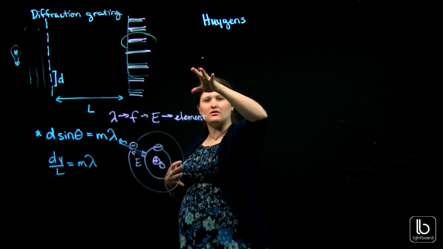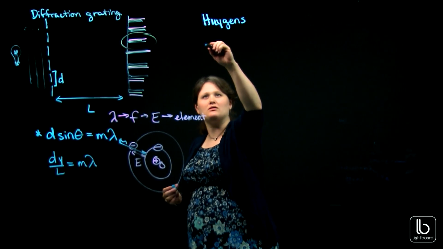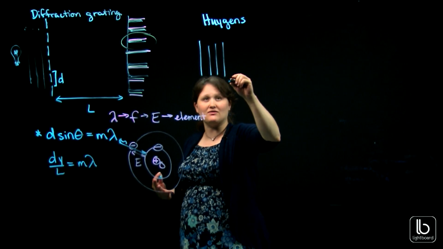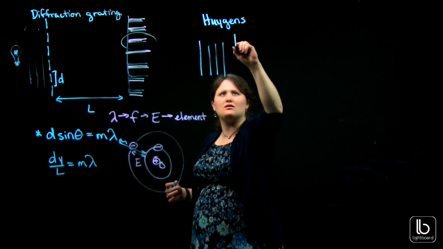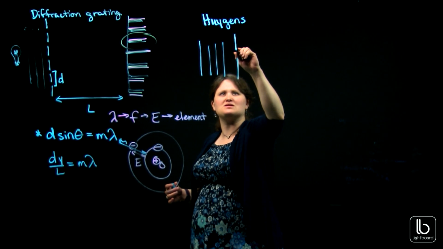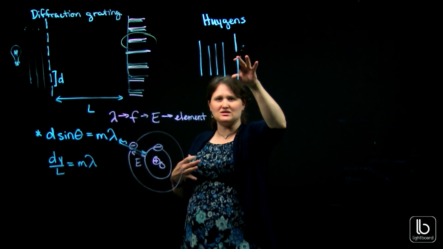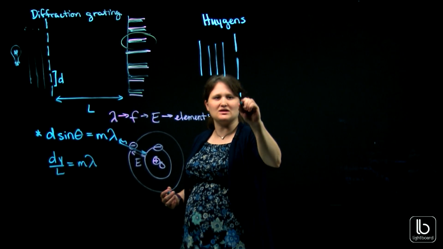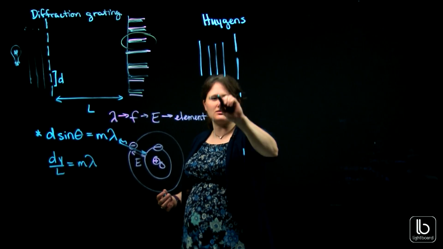Let's back up to our water wave example. So we have waves coming in like this, our plane waves coming in, and we hit the dam with some slit. And notice the slit is on the order of magnitude of the waves. It's not like my slit is huge and my waves look like this.